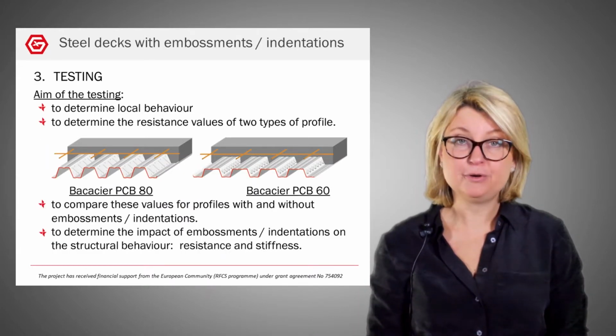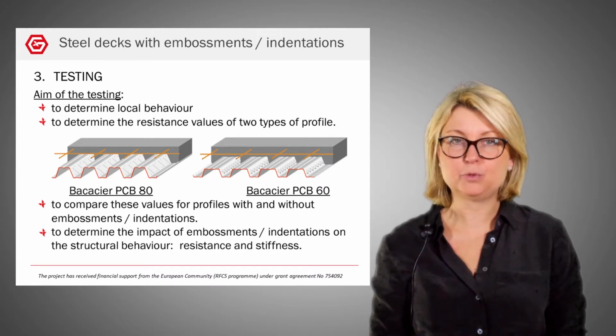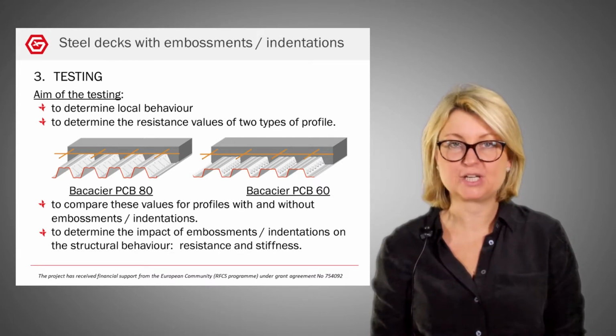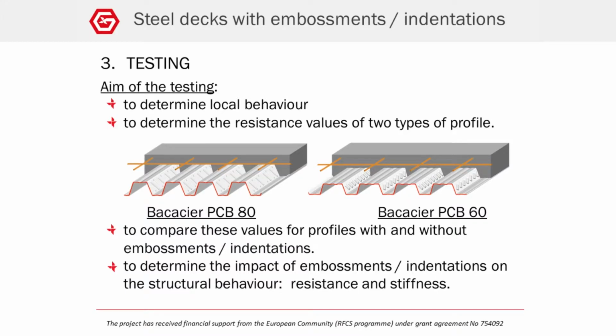Now let's discover the extensive testing program which was performed within the GRISP project. The first aim was to determine the influence of indentations on local behavior. The second aim was to determine the resistance values of different types of profile that we can see on the pictures. The tests were performed on profiles without and with embossments and indentations.